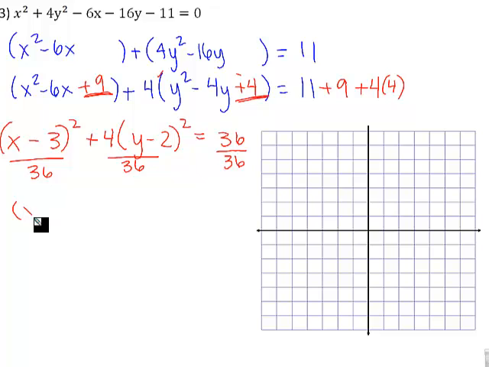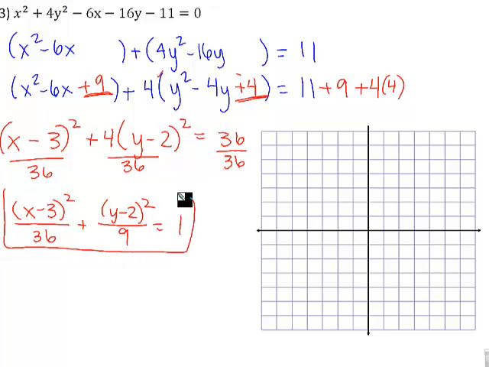Okay, so this then tells us we have x minus 3 squared over 36 plus, what would 4 over 36 become? Y minus 2 squared over 9 is equal to 1. So there's our standard form.